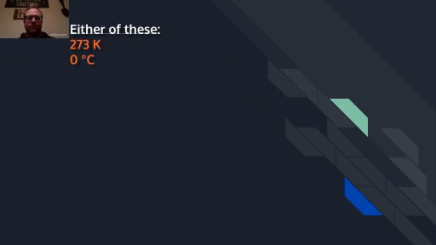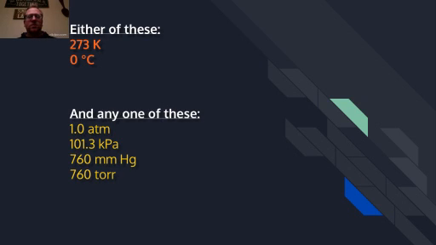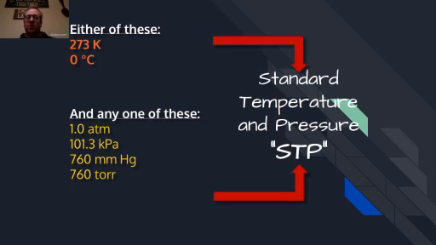So if we have either of these conditions, 273 K or 0 Celsius, we should remember from our last video, those are the same thing. So if we have anything that's at 273 Kelvin or 0 degrees Celsius and is at standard pressure, 1.0 atmospheres, 101.3 kilopascals, 760 millimeters of mercury, 760 torr, right? That's what we call standard temperature and pressure, or STP.